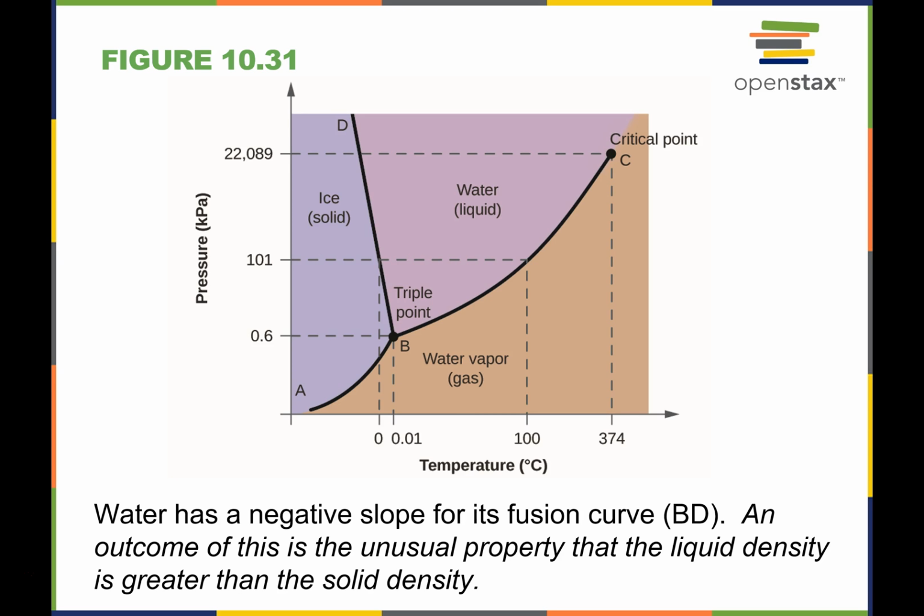You would expect the line that separates the solid and the liquid phase to be a straight line. You see where this is a negative slope. Most materials actually have a positive slope. This is the negative slope associated with the pressure-temperature phase diagram for the substance we know and love called water.